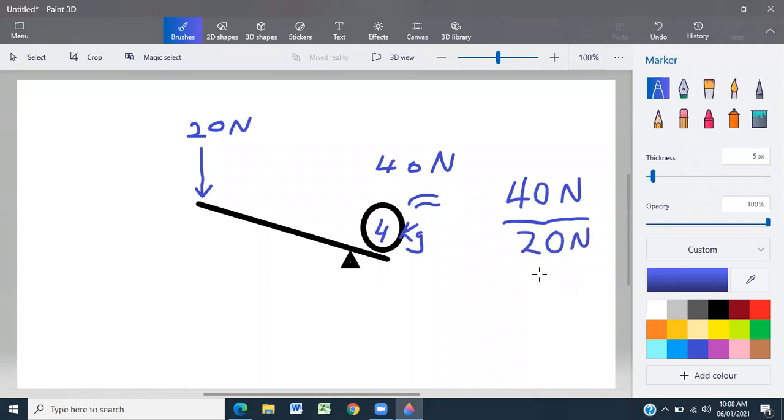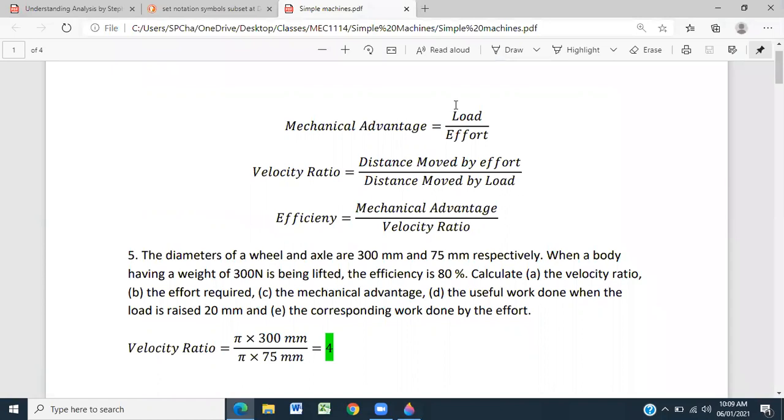In this case, the mechanical advantage is 2. It's a unitless number, but it gives us information. It tells us what the system does. So that's the first formula you want to look at: the mechanical advantage of a system is equal to the load divided by the effort, and that tells us what kind of mechanical advantage we gain. Right there in the name.